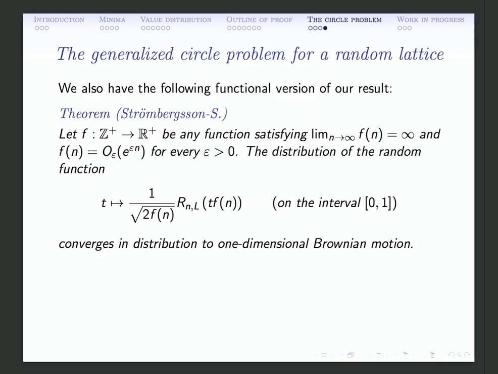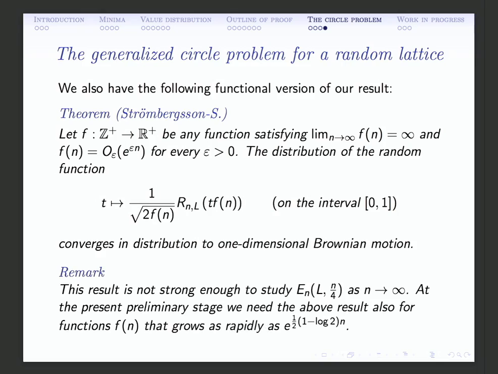But then how good is this? Is it enough? And at the moment, it's not exactly enough. And I'm not really sure if it's a question about this theorem being too weak, or that we don't really know how to use it correctly in applying it towards the problem about the Epstein zeta function.